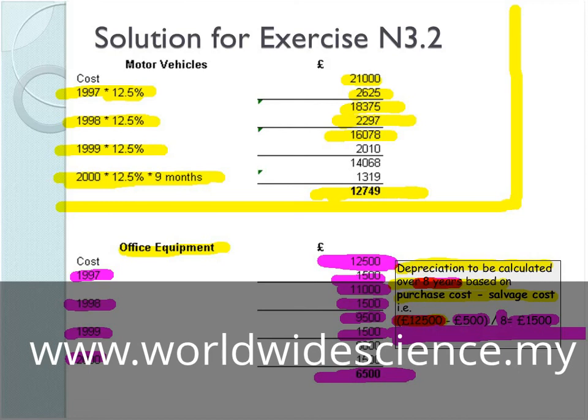But before dividing by 8 years, we should deduct the salvage value, which is given as 500. That means after the usage of the 8 years, we have some value of this office equipment, which we can get in cash for 500. Like I can resell it and get some money from this office equipment, and this comes as some kind of benefit from this office equipment.